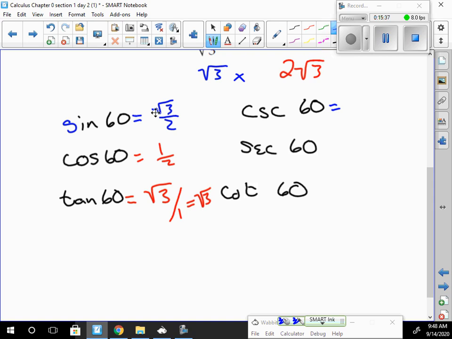Cosecant of 60 means that I flip this. So it's 2 over the square root of 3. The only problem with that is we're not allowed to have a square root in the denominator. So we multiply top and bottom by root 3. So that becomes 2 root 3 over 3.